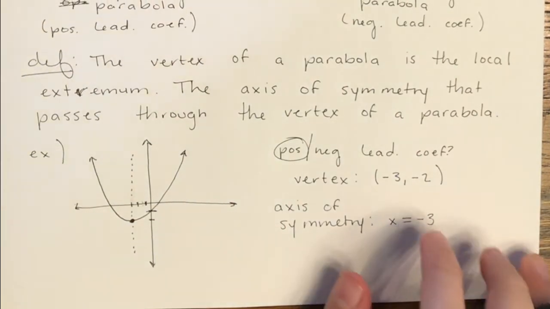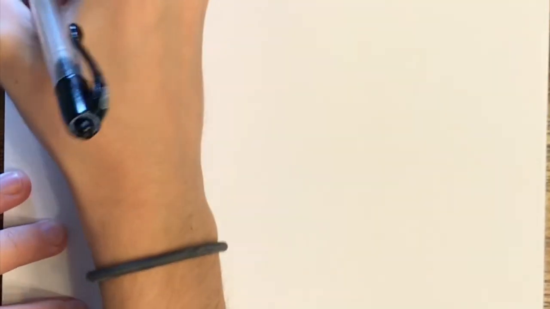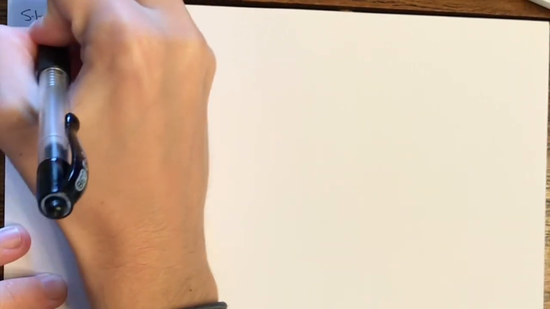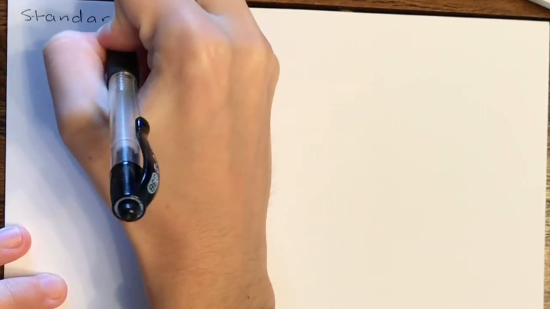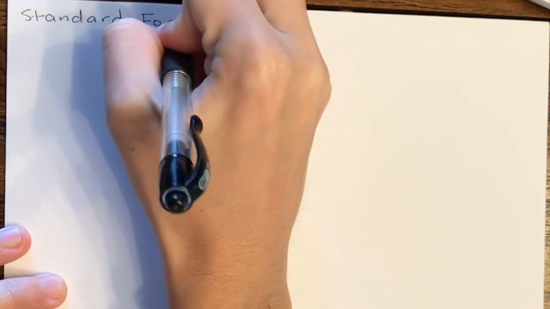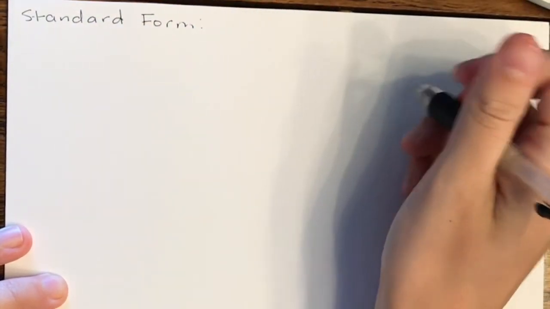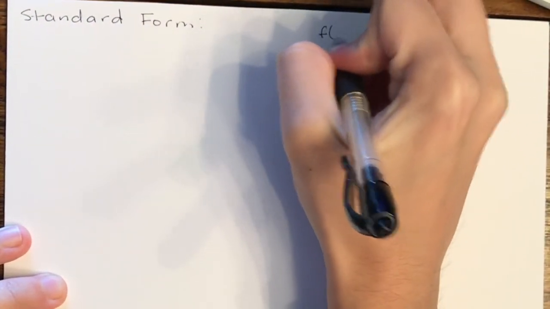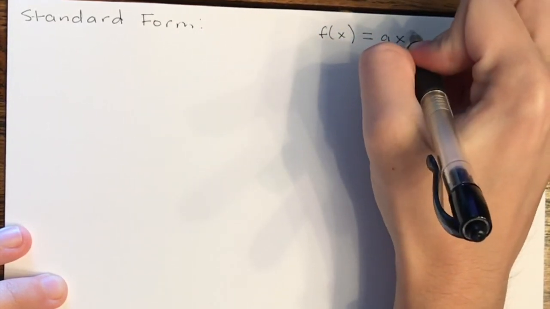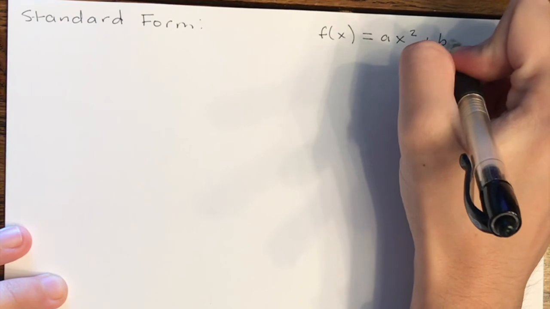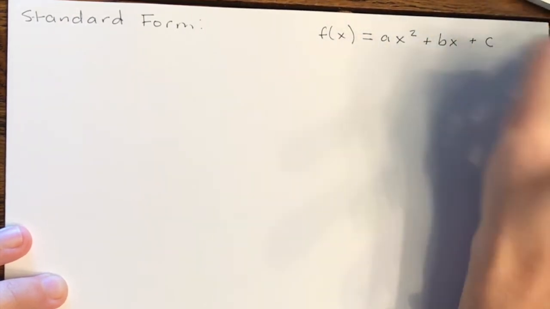Okay, let's look at the different forms of quadratic functions. This one we might recognize from general polynomials. The standard form of a quadratic is f of x equals ax squared plus bx plus c.